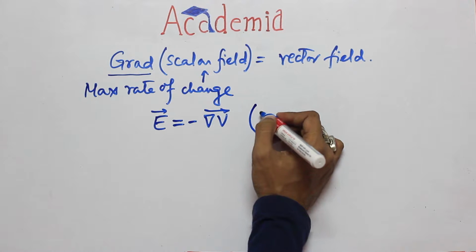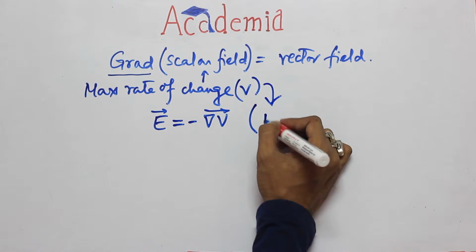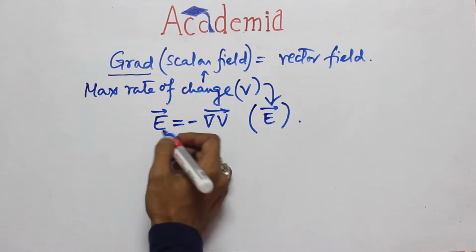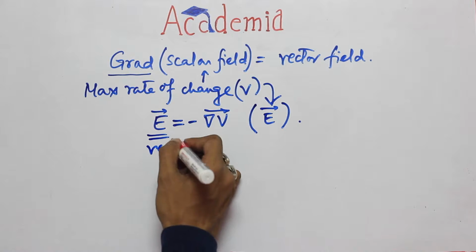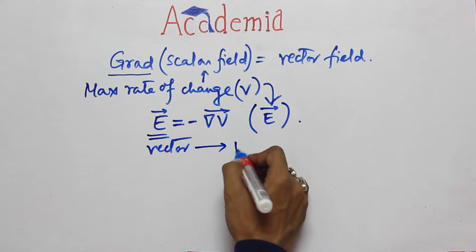That is, maximum rate of change of potential occurs in the direction of electric field. As we know, this electric field is a vector, so it is an example of a vector field.